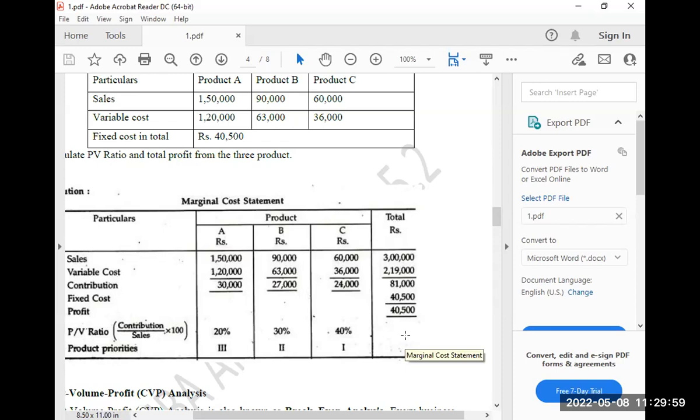What is the total contribution? Contribution from three products, 81,000 minus fixed cost. Fixed cost is given in the question, 40,500. What does it mean? To produce these three products, they need some space, they need some other overhead expenditure. All those things put together fixed cost is equal to 40,500. So 81,000 minus 40,500 is equal to profit.